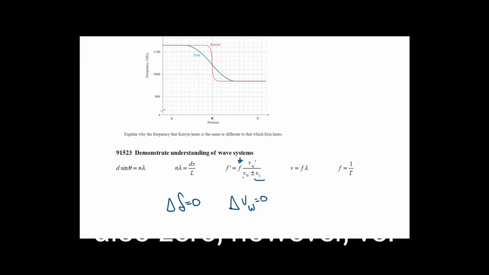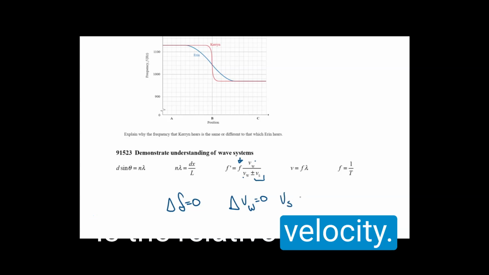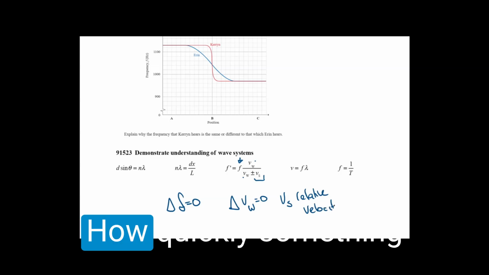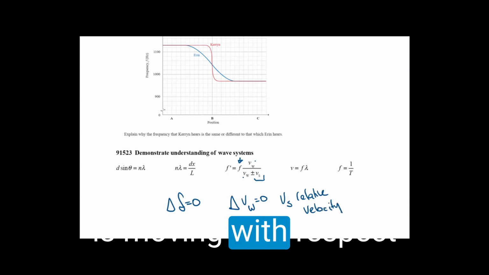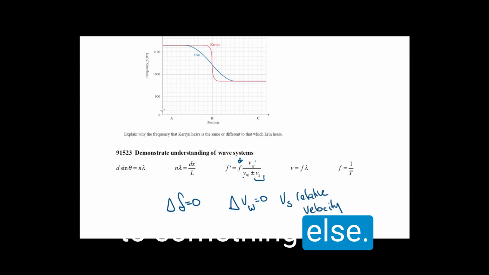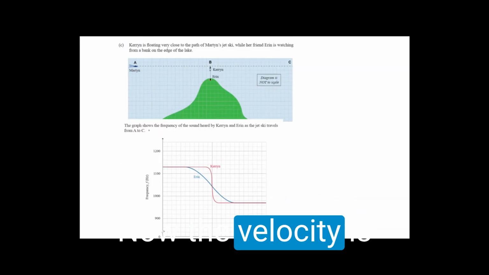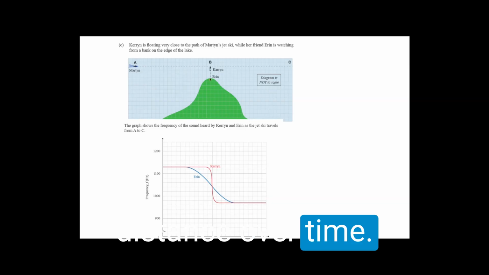However, Vs is the relative velocity. How quickly something is moving with respect to something else. Now, the velocity is distance over time.